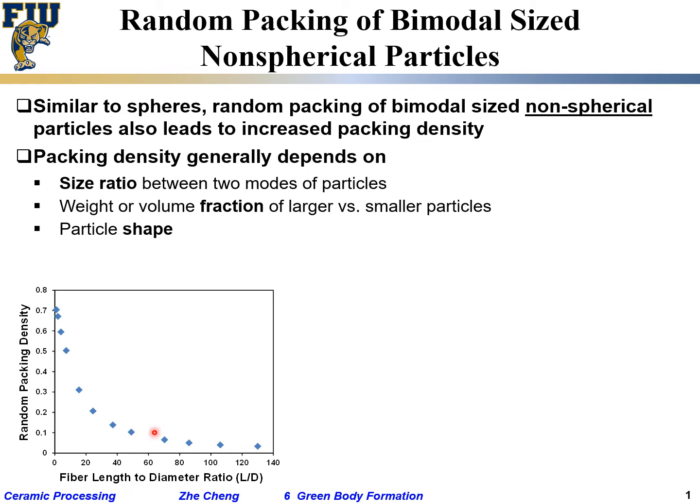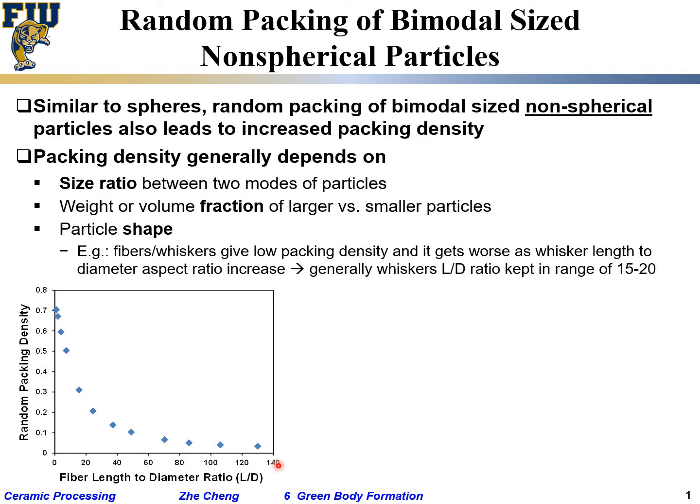So you see, random packing density, if my size ratio is close to 1, starts from here, 70 some, then drops all the way to almost 0. If your fiber is extremely long, extremely narrow in diameter, and we are talking about random packing, if they have such a large aspect ratio, the packing density is terrible, extremely low.